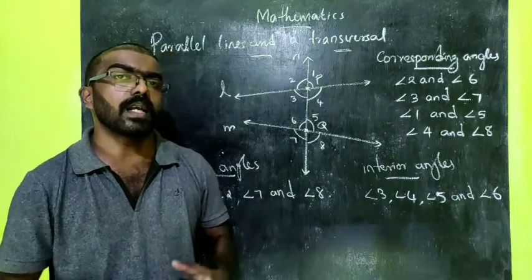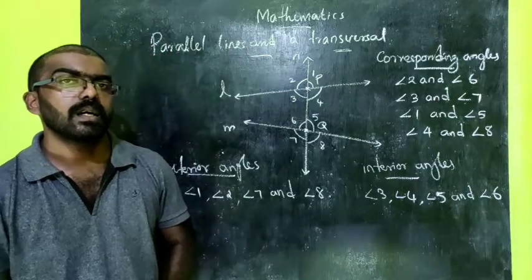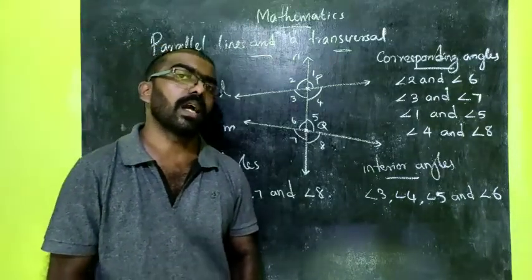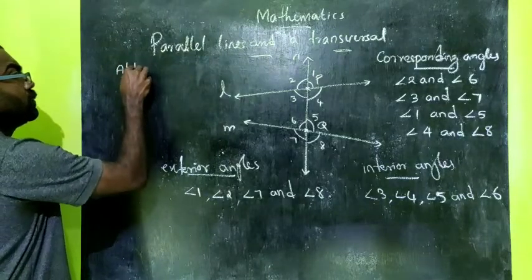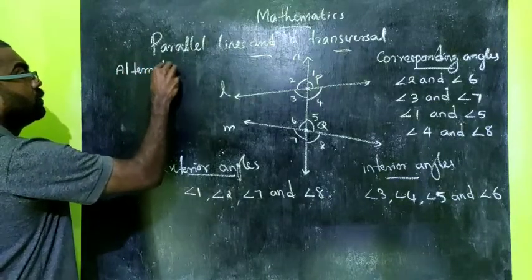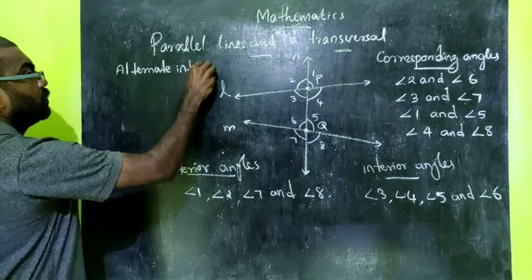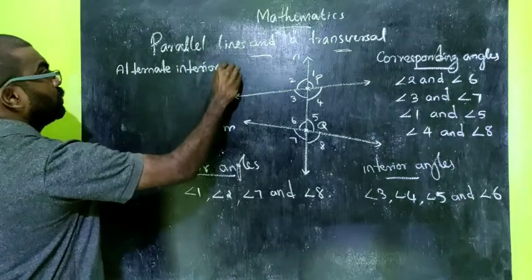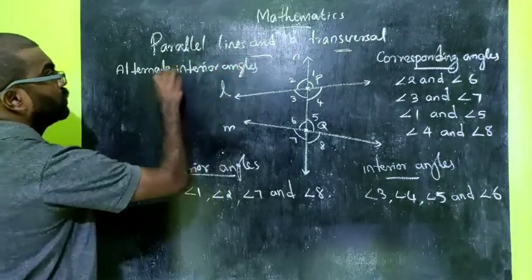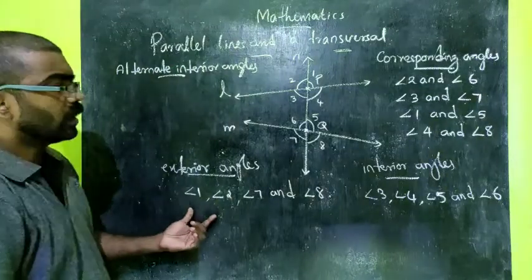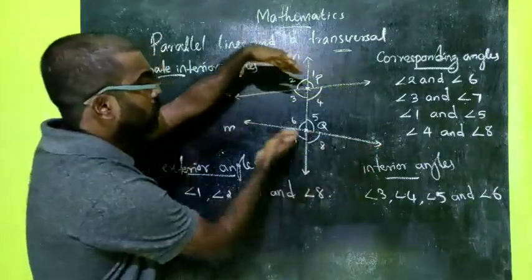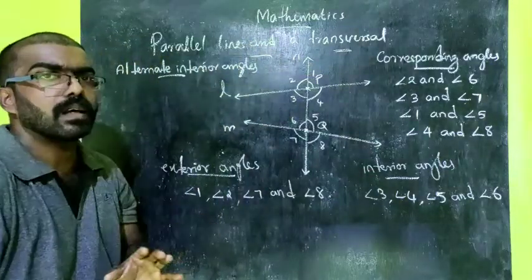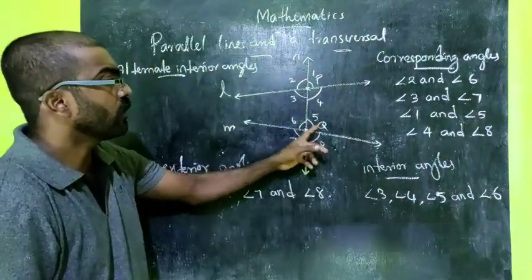Okay, and the next type of angles is alternate interior angles. Interior angles we have already discussed. The angles which lie between the lines L and M. Here they are 3, 4, 5 and 6.